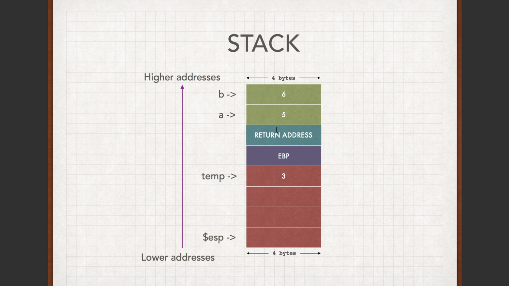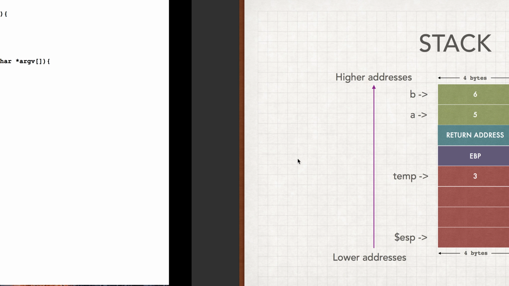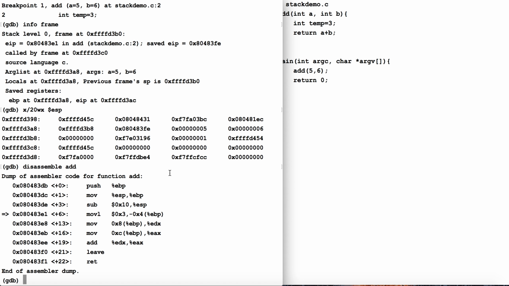After the return address, we push the EBP of the main function, so that when we return to the main function after the call to add, we still have the context and we know the base pointer of the stack frame of the main function. So we start by pushing the EBP first, then we store the stack pointer value as the EBP value.